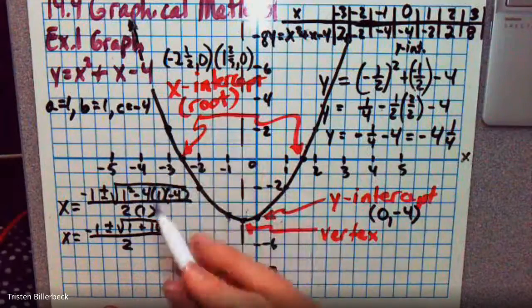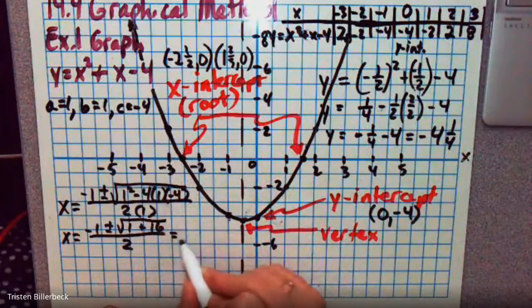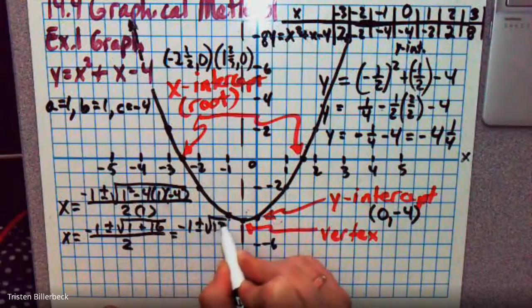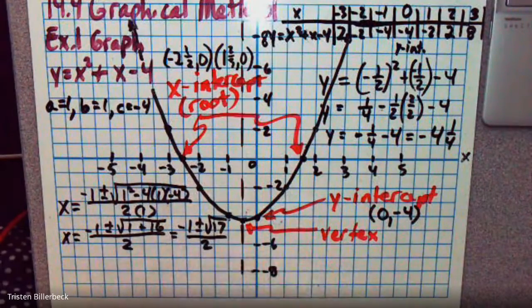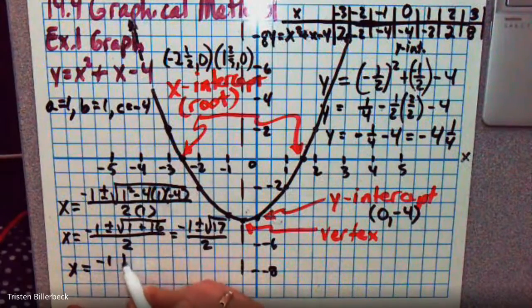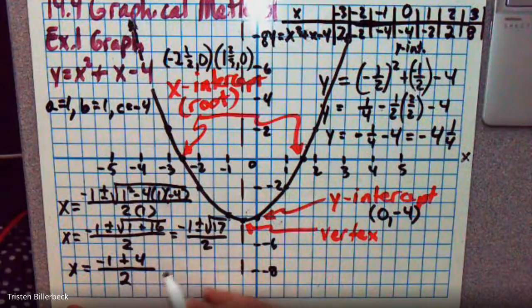So first let's write it out. -1 plus or minus the square root of 17 over 2. And let's approximate this like it was 16. So our first root would be -1 plus 4, because the square root of 16 is 4, over 2.